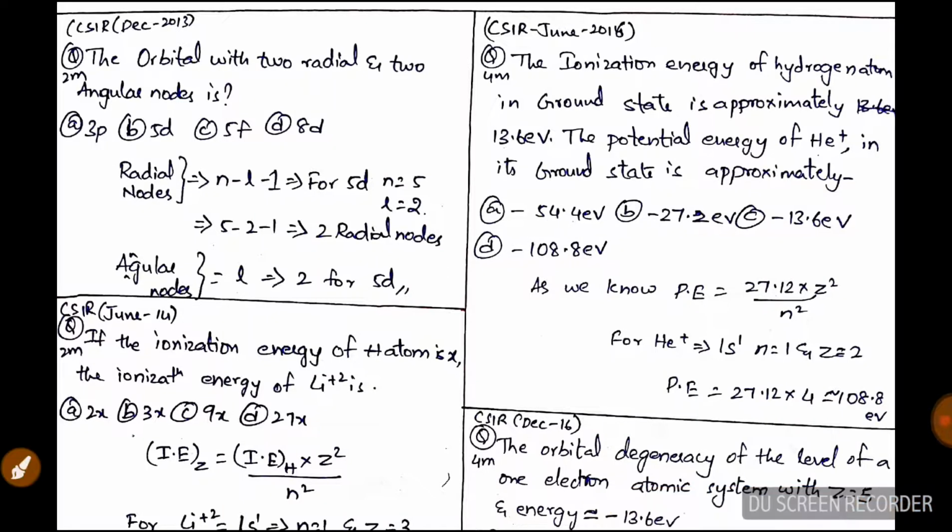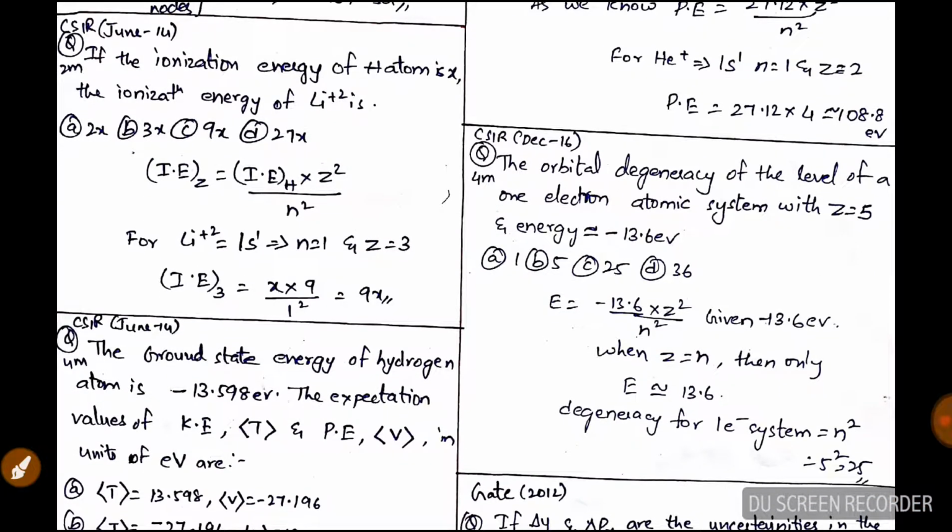That's it. And then coming to this below question, CSIR December 2016, 4-mark question. They have asked about orbital degeneracy. The orbital degeneracy of the level of a one electron atomic system with Z equal to 5, and energy is minus 13.6 electron volts.